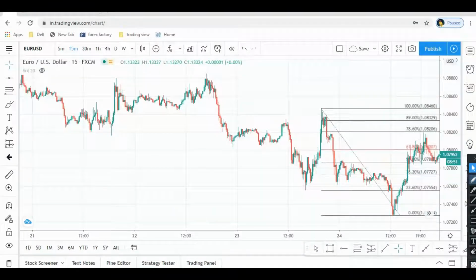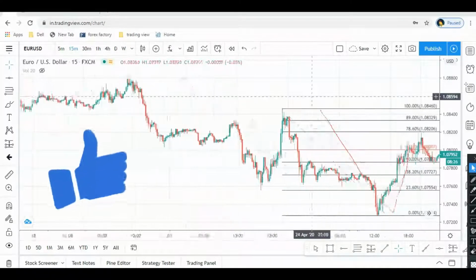In this particular area, I have marked Fibonacci from this area to this area, and here is the 61.8. Now let me show you. As you can see, price came down and after that price went up and exactly touched the 61.8 area.